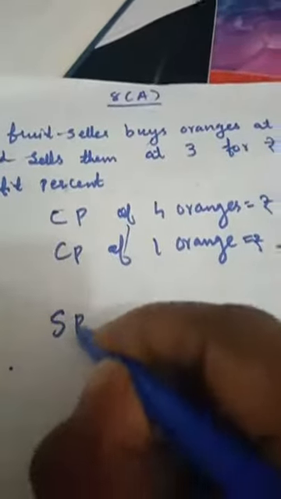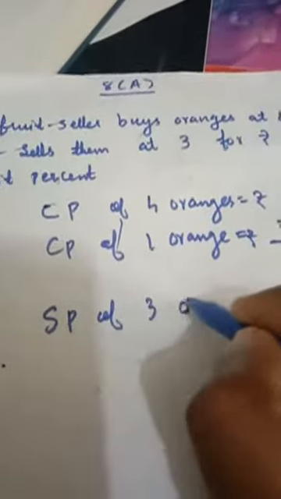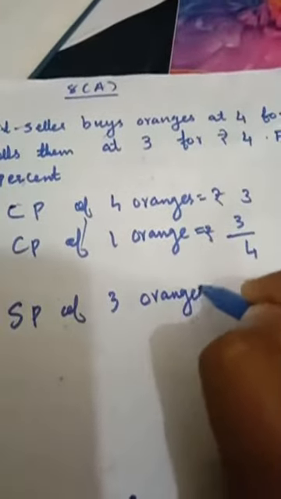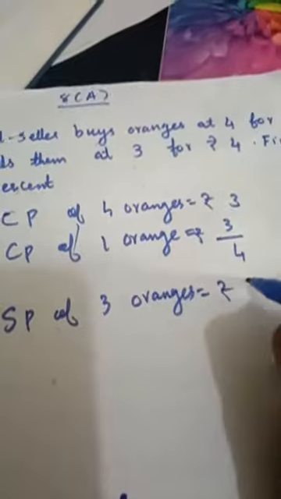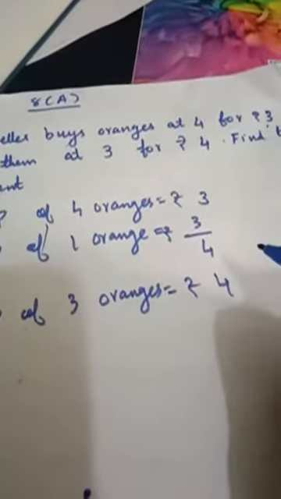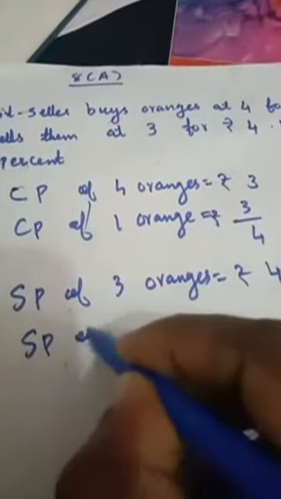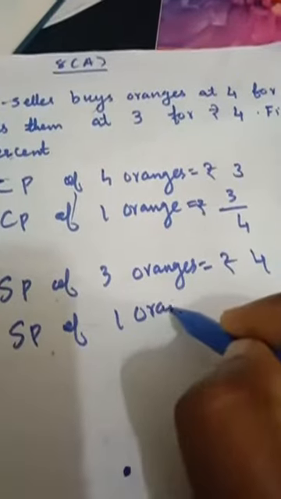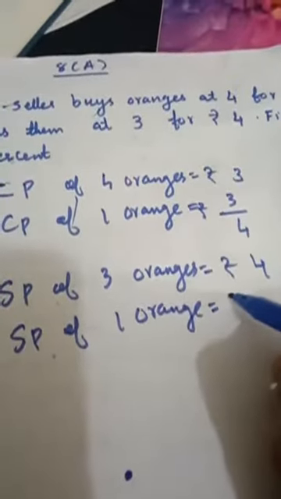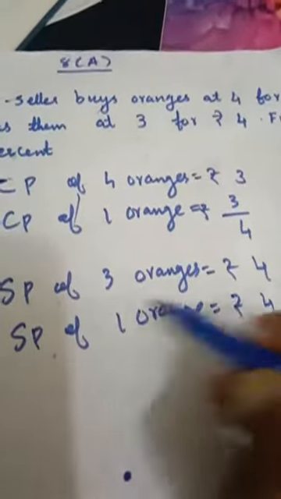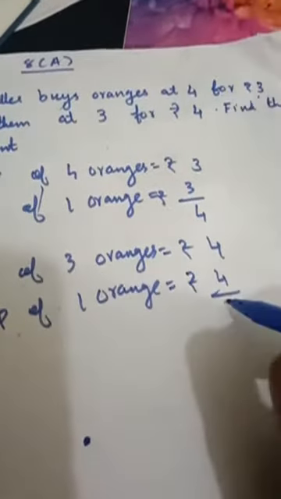Then SP of 3 oranges is equal to rupees 4. Now SP of 1 orange is equal to rupees 4 by 3.